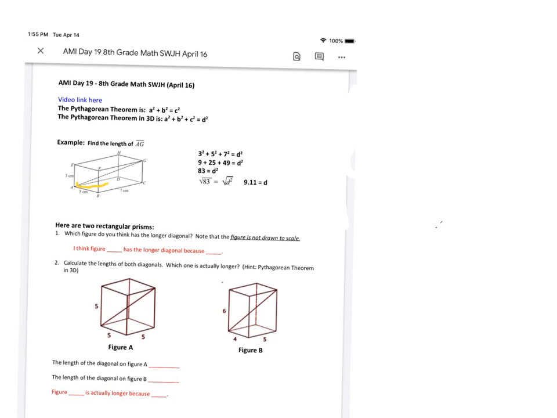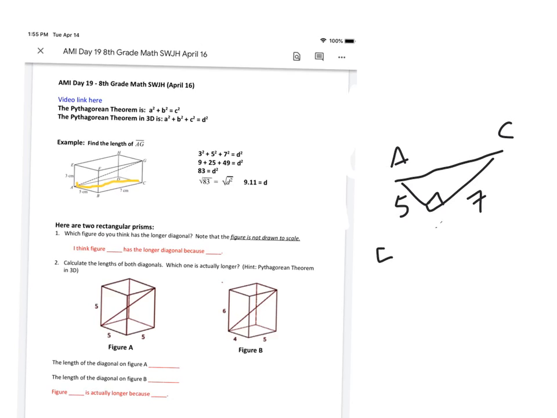We need to find AC. So I'm going to redraw that triangle over here. And so that triangle has a leg of 5 and a leg of 7. And we are looking for AC. So AC is the hypotenuse.